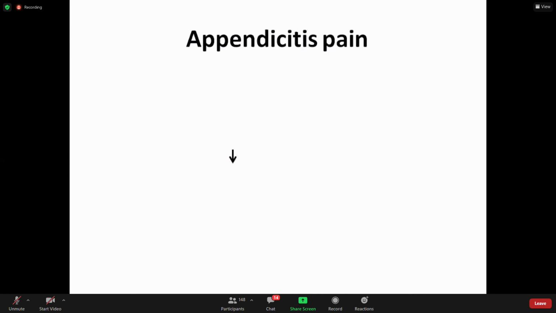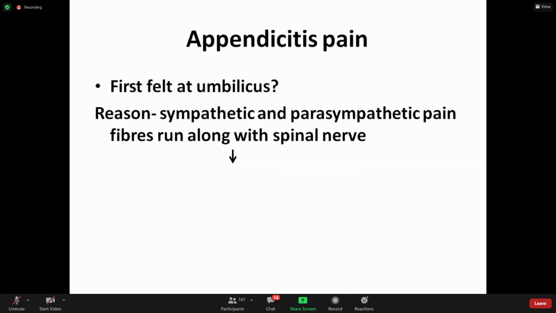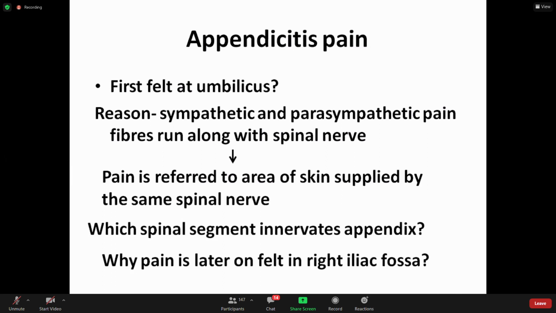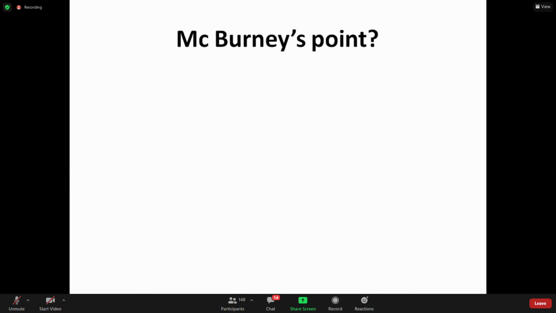When we go through the development of the GIT in embryology, please try to correlate which spinal segment is responsible for the appendix. Then you can appreciate that the first pain will be around the umbilicus, and later it will be referred to the right iliac fossa. So at the beginning of the inflammation it will be periumbilical pain, then this pain will later be felt in the right iliac fossa. You should try to correlate all these things.